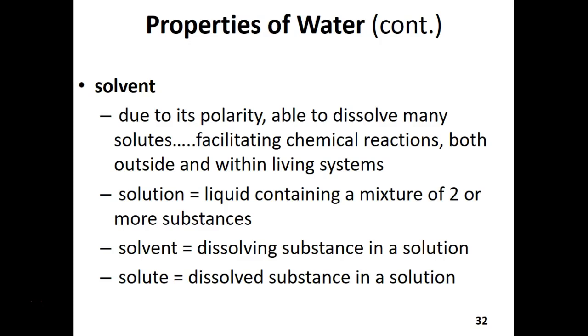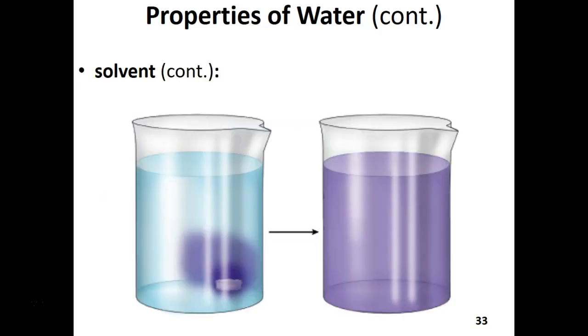But water can't dissolve oil, which is why when you're eating at a restaurant, you get that vinegar and oil dressing, and you have to shake it up really good and then pour it on your salad. It's because the oil and the water will separate. So let's look at this solvent. The solvent is water. The solute looks like a little dissolving disc, but let's think of it as Kool-Aid.